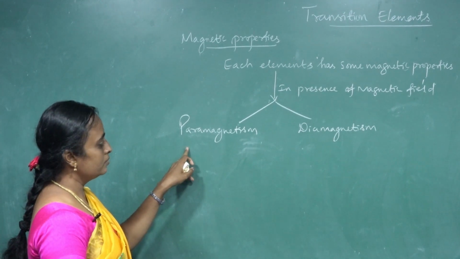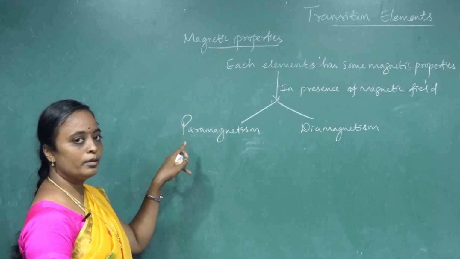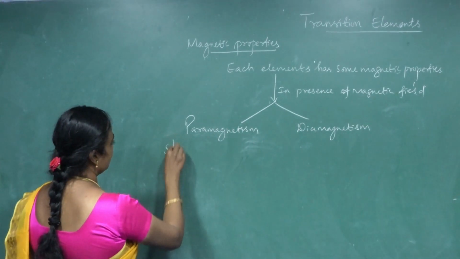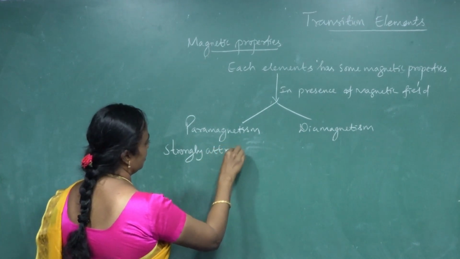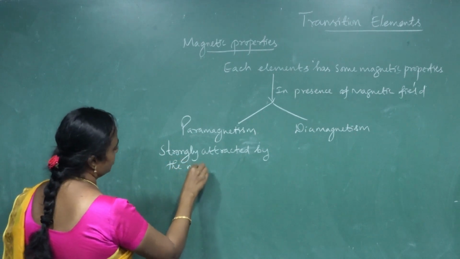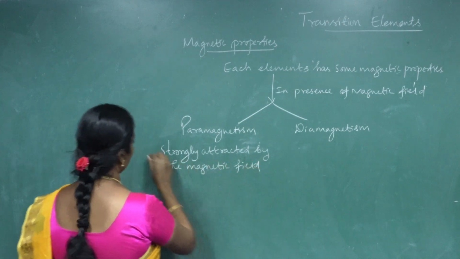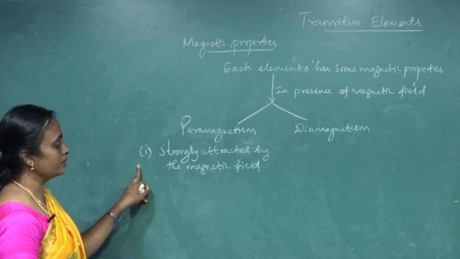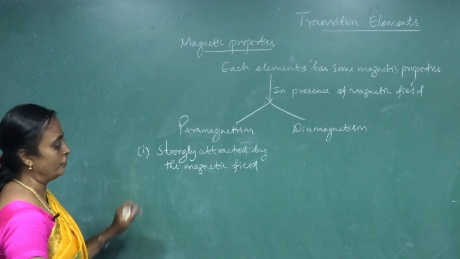Paramagnetic substances are strongly attracted by the magnetic field. So what are paramagnetic substances? Definitely ions or substances that are strongly attracted by the magnetic field.